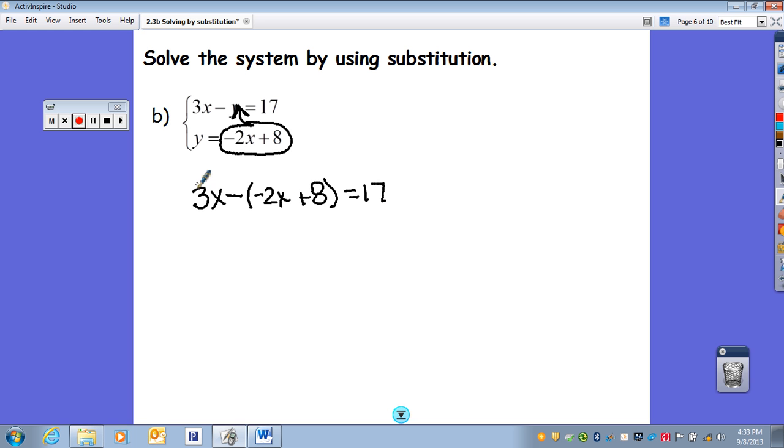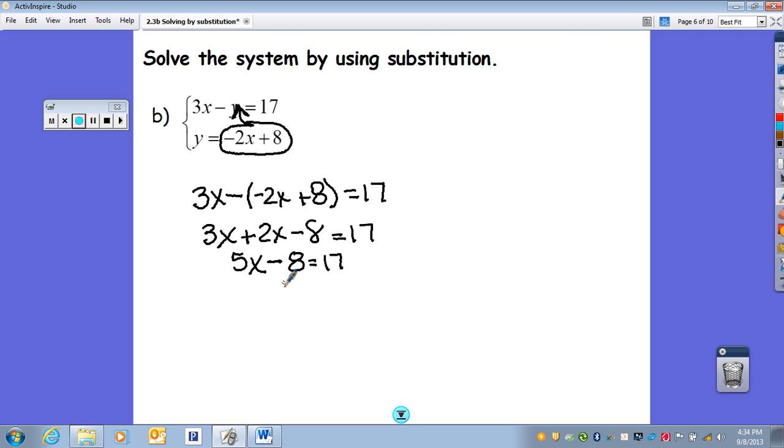Our goal now is to have an equation that is in one variable. Then we solve. 3x, let's distribute that negative or minus sign, so minus negative 2x gives me plus 2x, and then I'll have a minus 8, and that equals 17. 2x plus 3x is 5x, minus 8 equals 17.